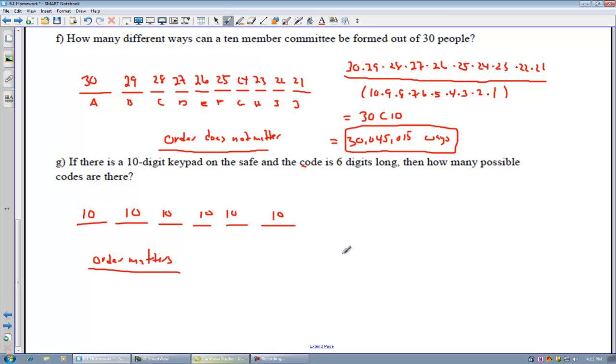And so the order matters, and the answer is 10 times 10 times 10 times 10 times 10 times 10, so 10 to the 6, which is equal to 1 million ways. Different combinations.